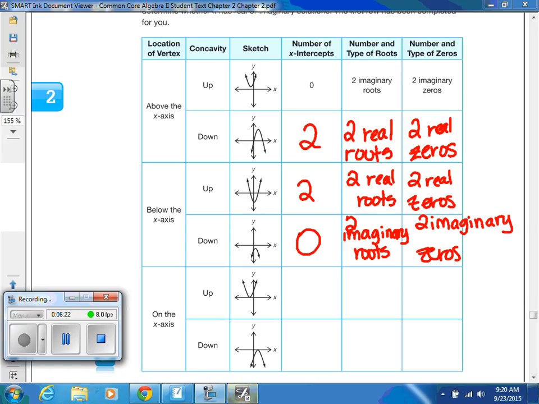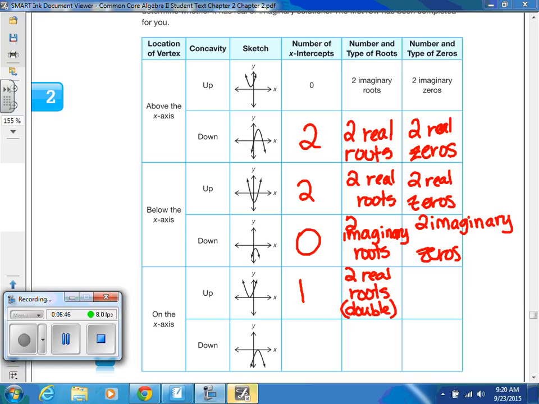All right, if it's on the x-axis and it opens up, how many x-intercepts? 1. Okay? That's 2 real roots, though. It's just a double root. That 1 counts twice.